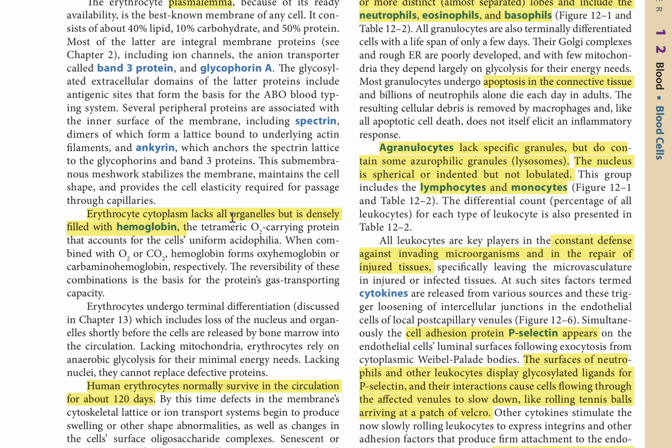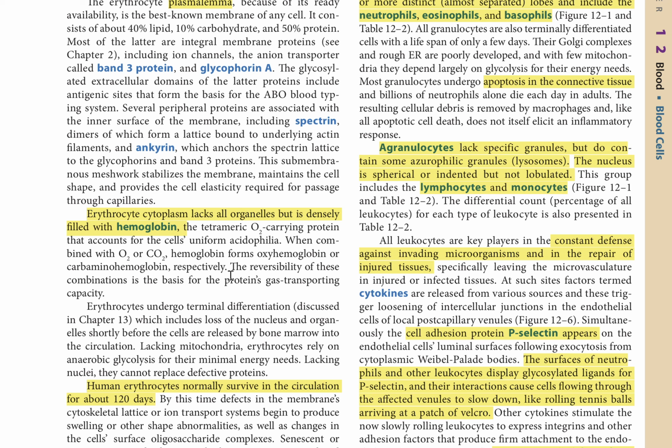Erythrocyte cytoplasm lacks all organelles but is densely filled with hemoglobin, the tetrameric O2 carrying protein that accounts for the cell's uniform acidophilia. When combined with O2 or CO2, hemoglobin forms oxyhemoglobin or carbaminohemoglobin respectively.